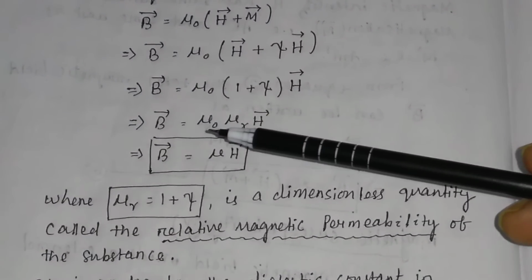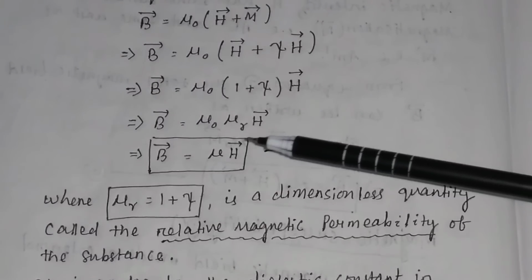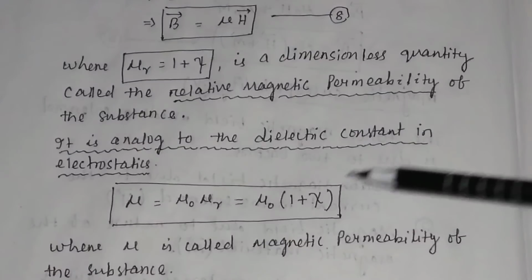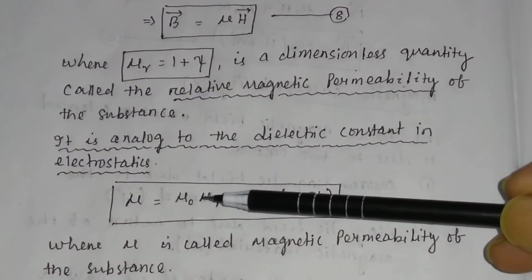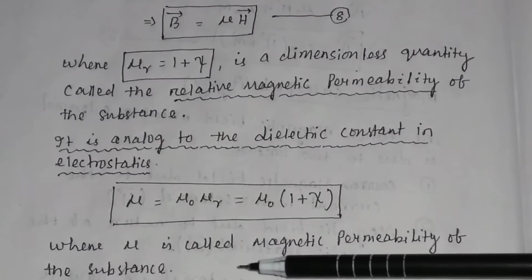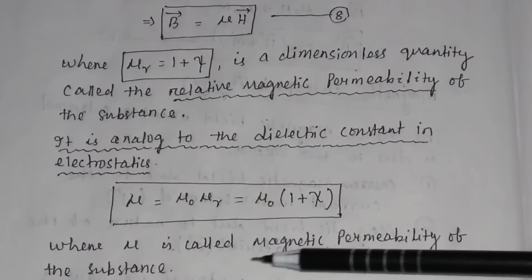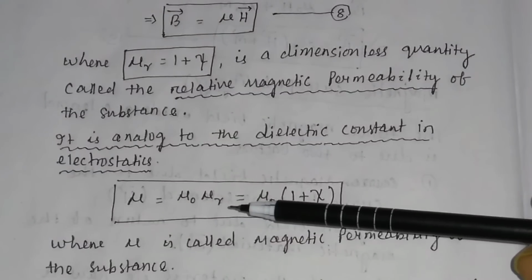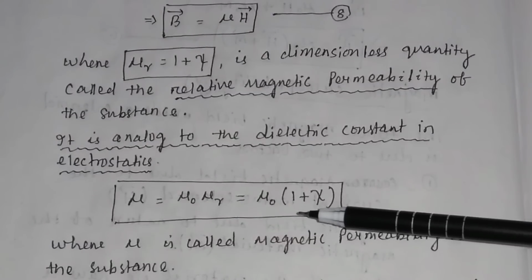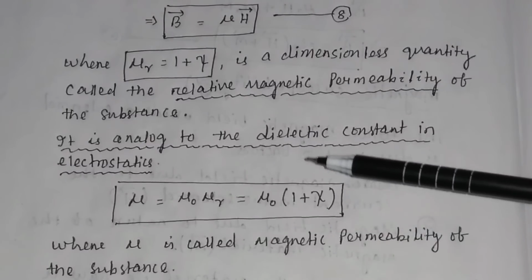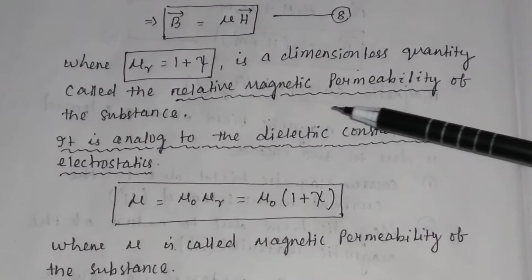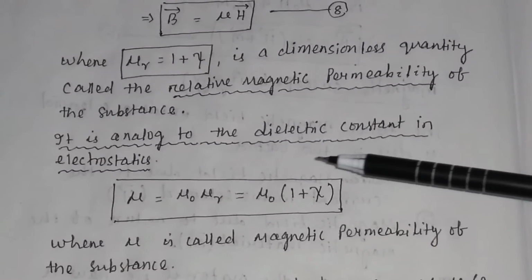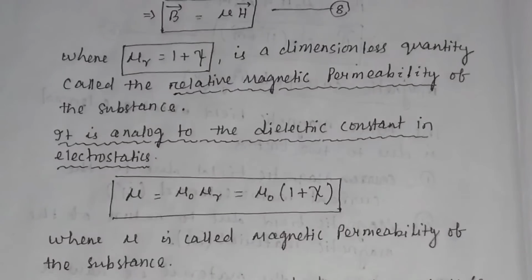So B is equal to mu 0 into mu r into H, or B is equal to mu into H, where mu is equal to mu 0 into mu r, that is called the magnetic permeability of the substance. So mu will be equal to mu 0 into mu r, that is equal to mu 0 into 1 plus Chi. Remember, the relative magnetic permeability of a substance is analogous to the dielectric constant in electrostatics.